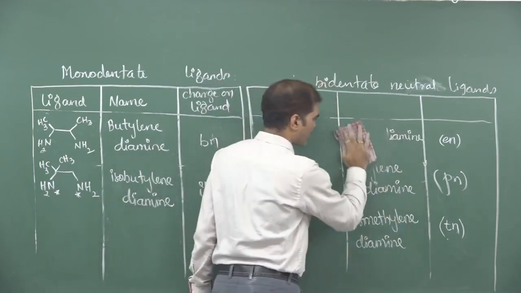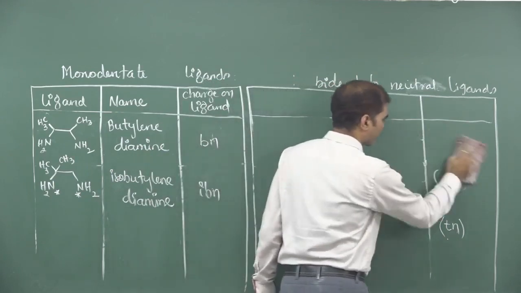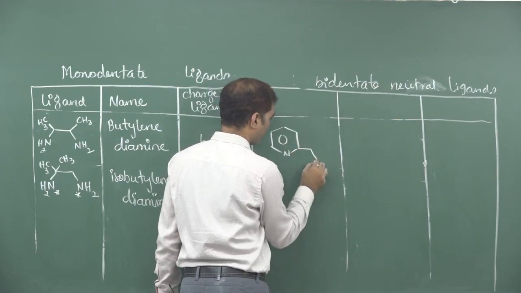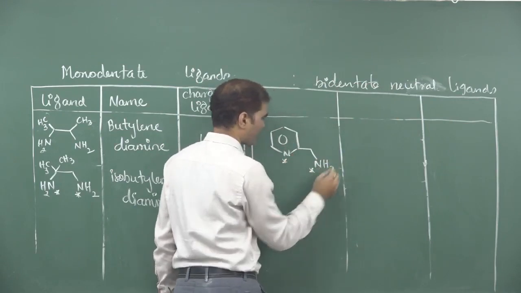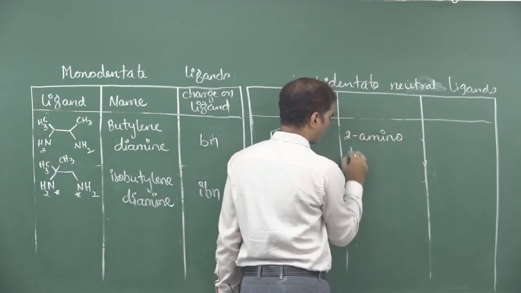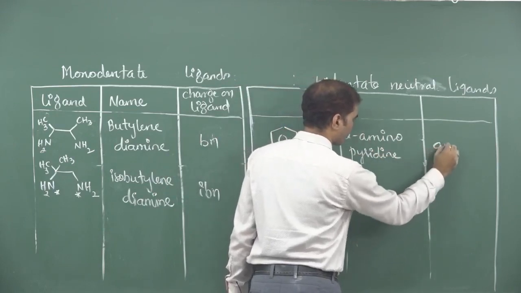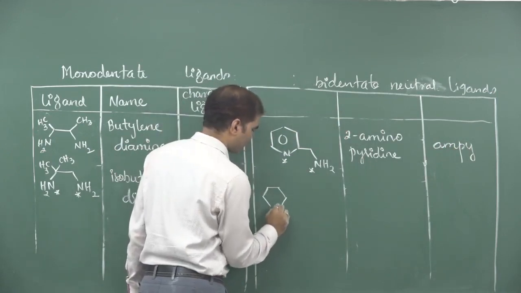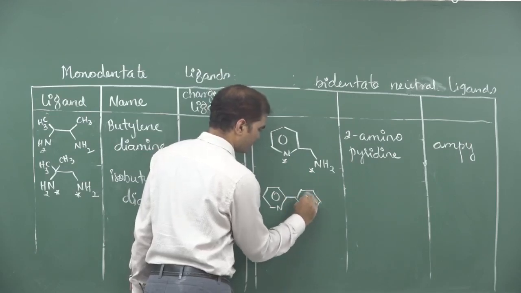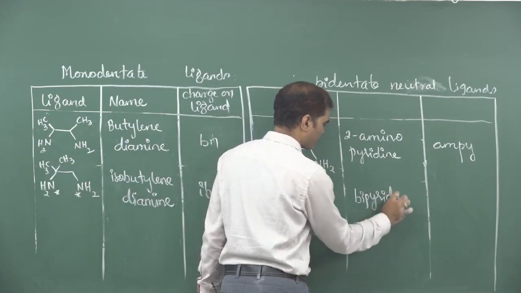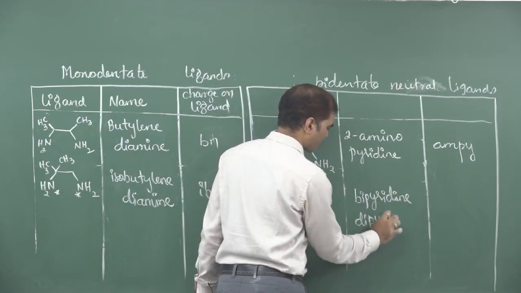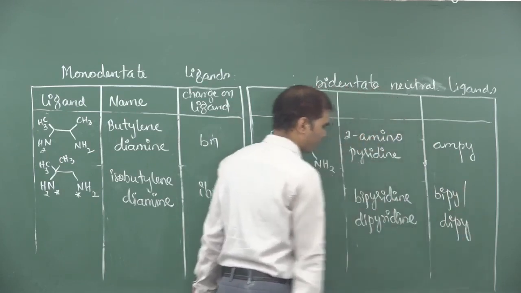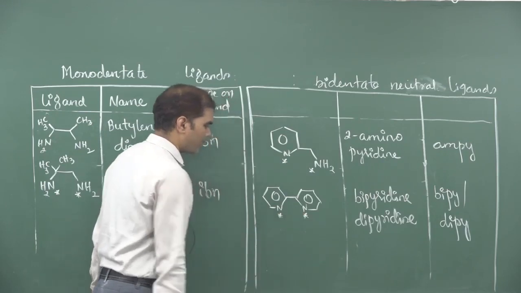No charges, these are neutral. All these are neutral, so no charges. 2-Aminopyridine, it is abbreviated as AMP. Next one is bipyridine or dipyridine, abbreviated as bipy or dipy.